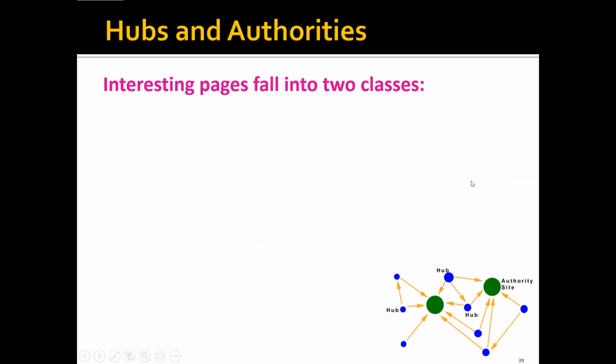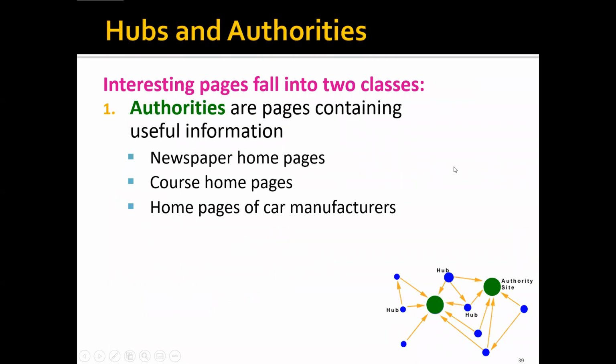In the hubs and authorities algorithm, interesting pages fall into two classes. The first class is authorities, which are pages containing useful information. For example, newspaper homepages, course homepages, which contain a lot of information about the course, or homepages of car manufacturers.